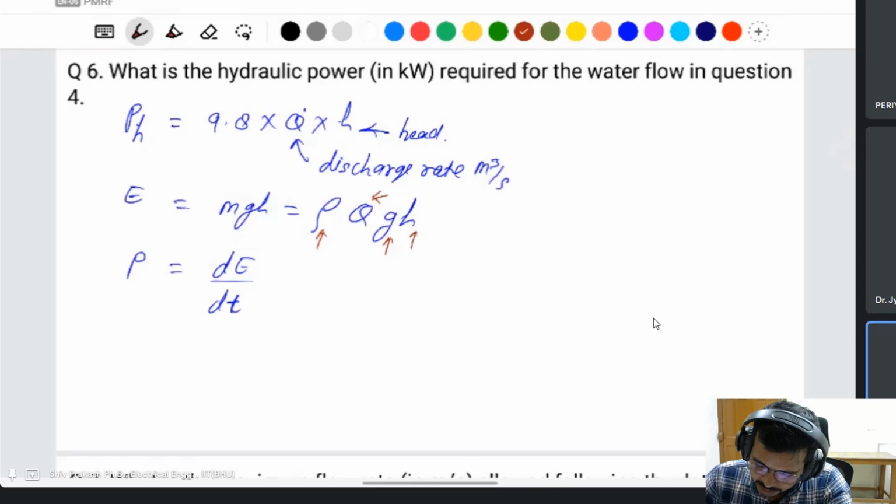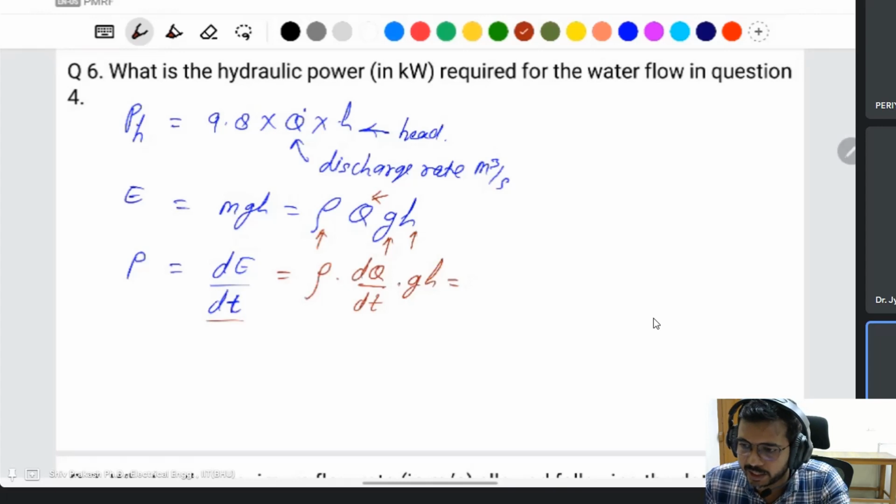Then this is differentiated with respect to time, so it will be rho into dQ by dt into g into h. dQ by dt is the rate, the amount of water displaced per unit of time.